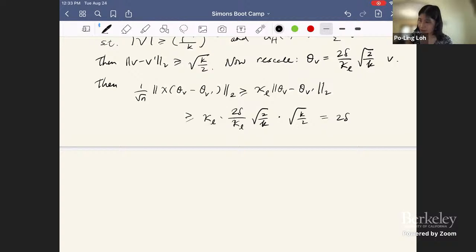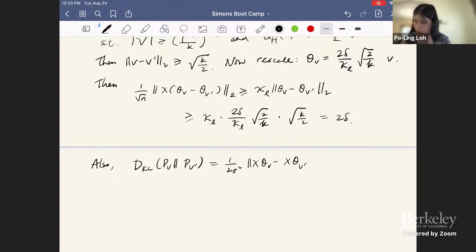And then the other thing I need to do is check that there's an upper bound on the pairwise KL distances. So the pairwise KL distances are equal to 1 over 2 sigma squared times the 2 norm squared of x theta V minus x theta V prime.